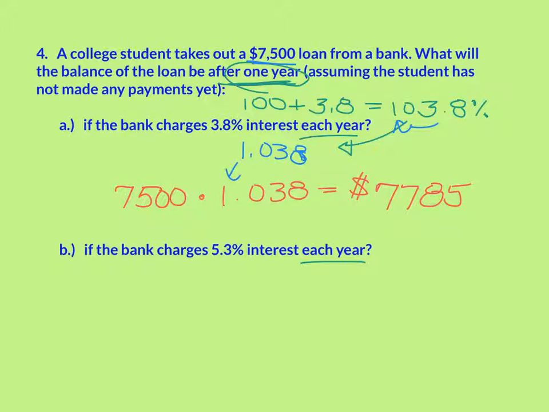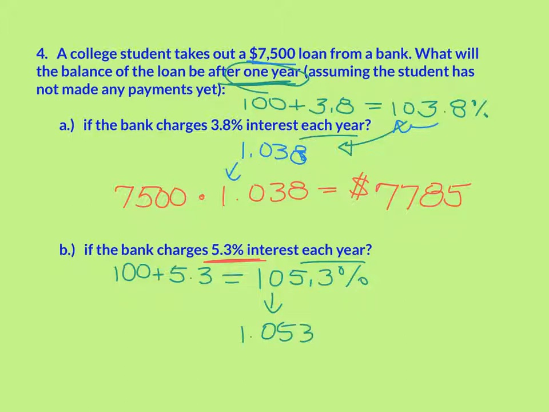Okay, now same thing, but different interest rate. Got 5.3%. So I know my original is 100% plus 5.3%. That equals 105.3%. If I change that to a decimal, it's going to be 1.053.